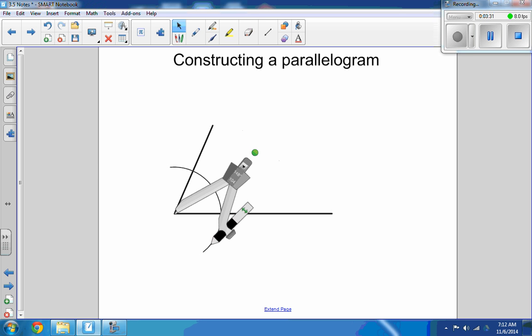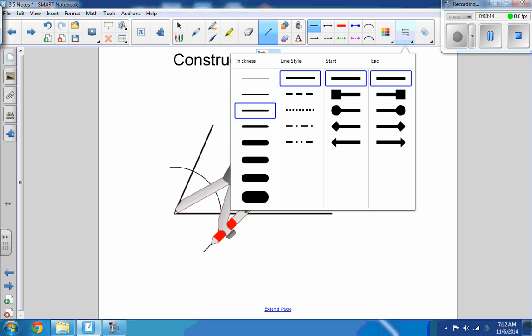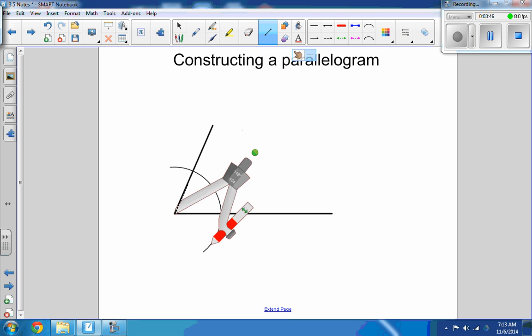Now, to make sure I can do this, I'm going to make this line a little bit longer. I'm going to make it dotted, so you can see the dotted line extends above. I'm going to do the same thing. What the dotted line represents is the extension of the side if it was outside the parallelogram.